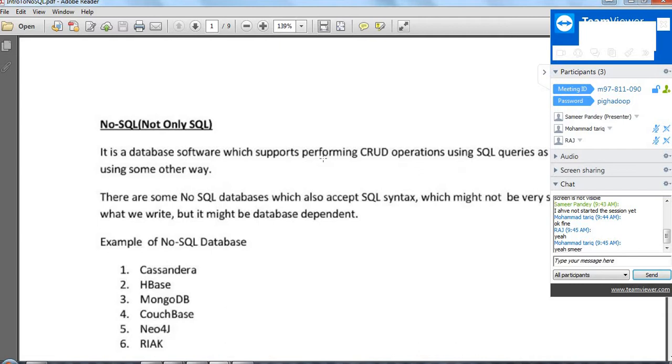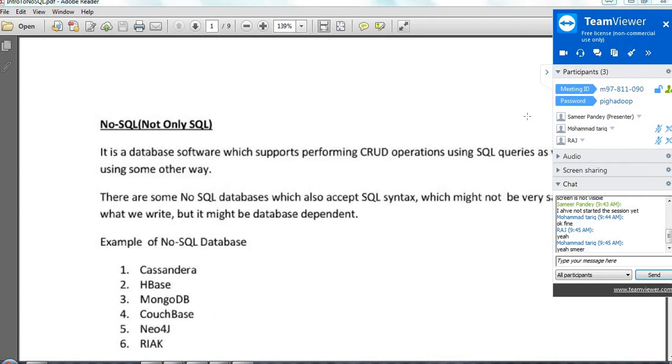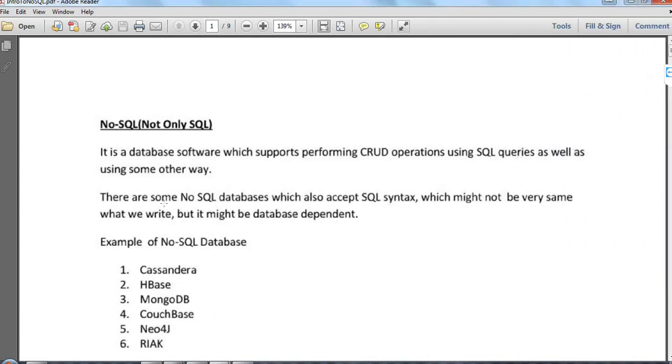It is a database software which supports performing CRUD operations, using SQL queries or another way. Some NoSQL databases also accept SQL syntax, which might not be exactly the same as what we write, but is database dependent.